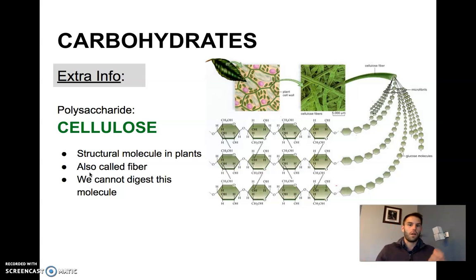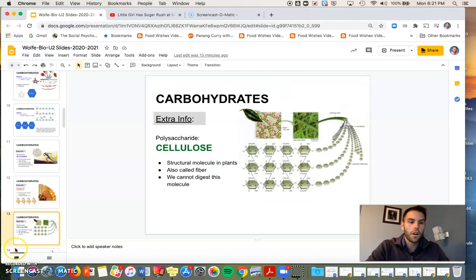So whether you are touching a leaf, bark, roots, whatever it is, the cell walls of a plant are made up of cellulose, that polysaccharide, that polymer. And those cell walls make up the cells that make up the structure of the plant. So plants are primarily, at least structurally wise, made up of cellulose, which again is just a chain of glucose molecules. All right, so that concludes it for carbohydrates.